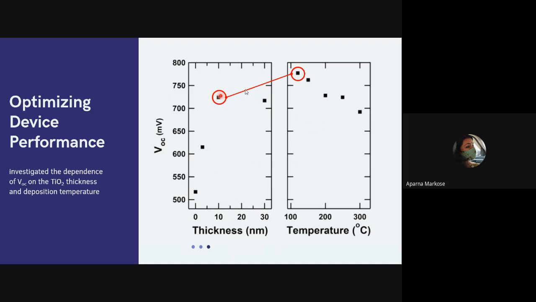I want you to see the correlation. You can see the temperature and the voltage have the same kind of relationship. When the temperature is 100 degrees, the low temperature, we get the maximum open circuit voltage. But when the deposition temperature is 300 degrees, that means you deposit titanium dioxide at 300 degrees Celsius and make the solar cell, then the open circuit voltage is very low, about 700.